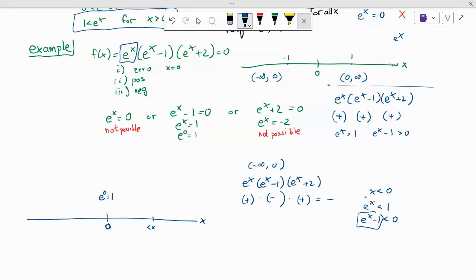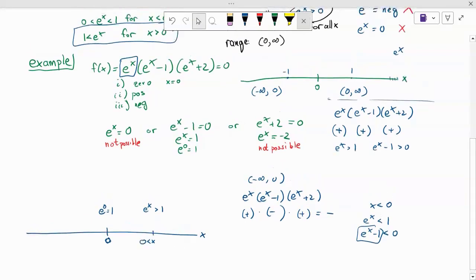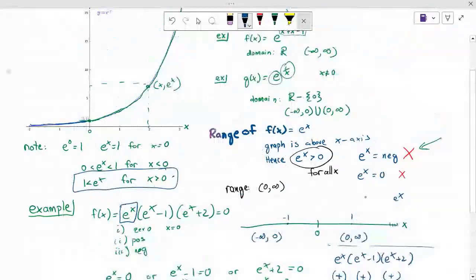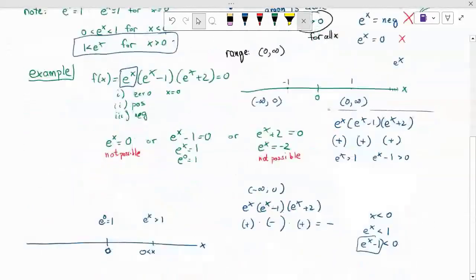If we take a value of x greater than 0, we know that e to the x is greater than 1. e is the number greater than 2, so e to the 1 is greater than 1, also from the graph. The graph is above the line where y equals 1. So greater than 1.